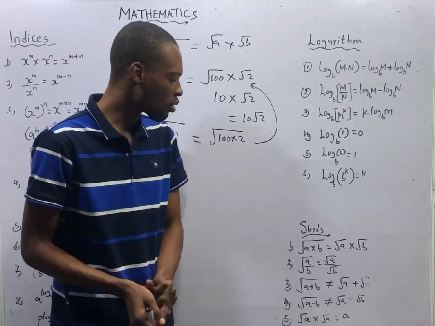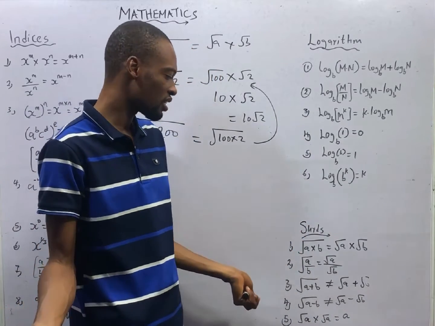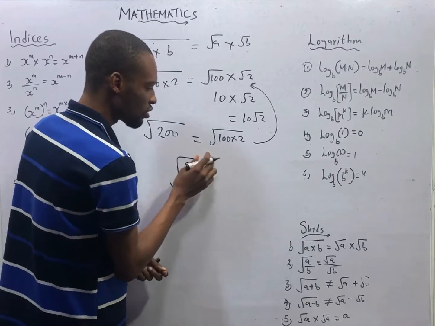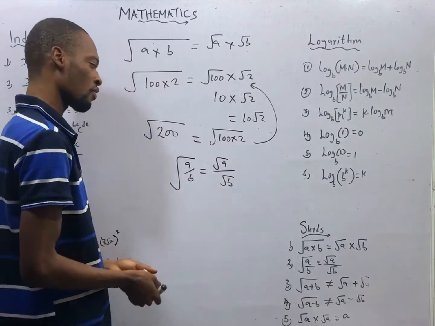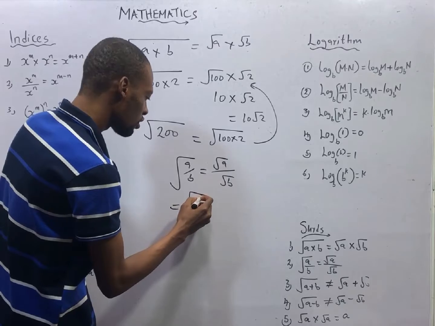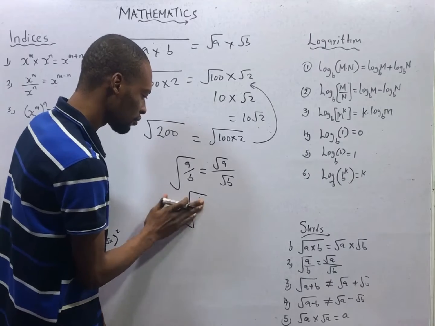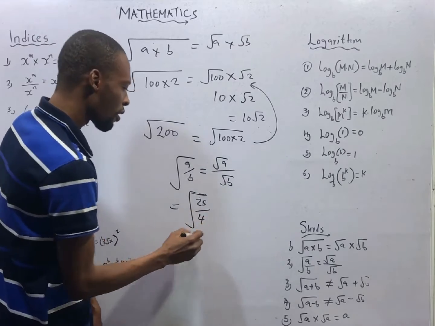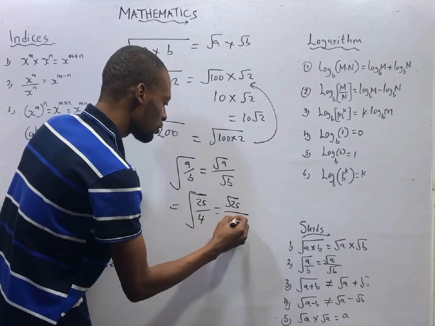The second law of surds is the law of division. The first one is the law of multiplication. It says if you have a over b, the square root of a over b is the same thing as the square root of a over the square root of b. Which means if I have the square root of 25 over 4, this is the same thing as the square root of 25 over the square root of 4.